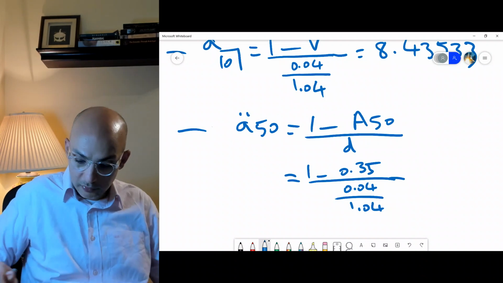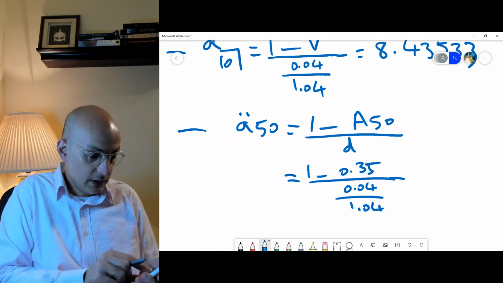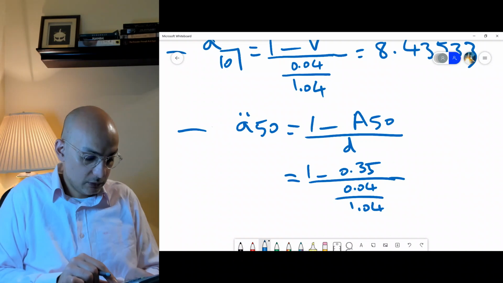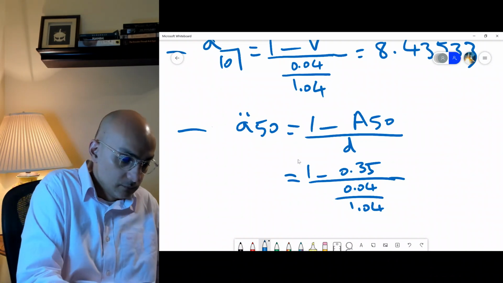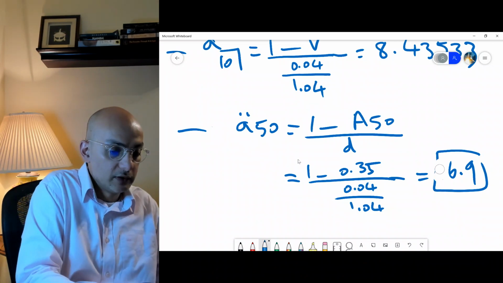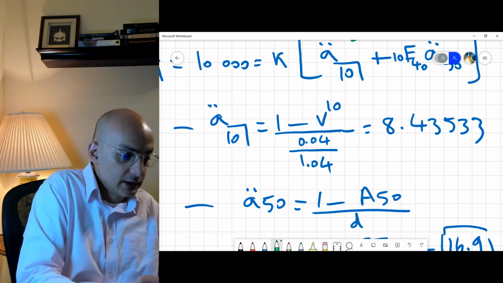If you do that, you can do it quickly: 1 minus 0.35 divided by 0.4 multiplied by 104. So we got 16.9. So now we got this one.